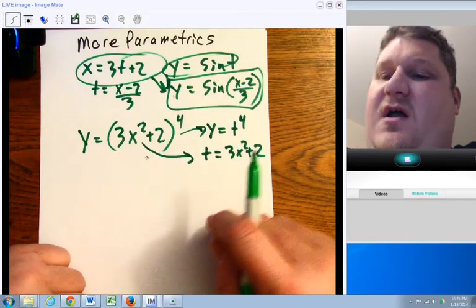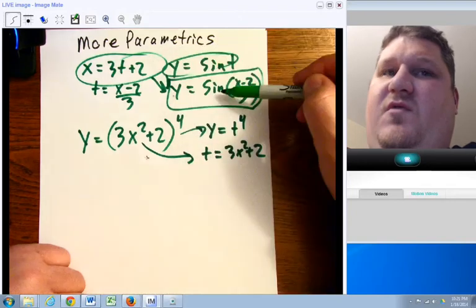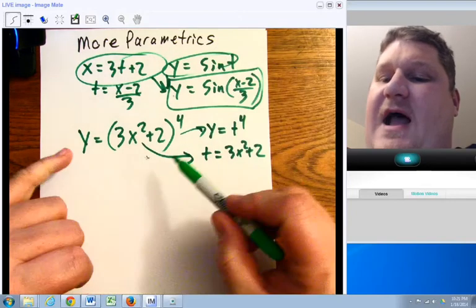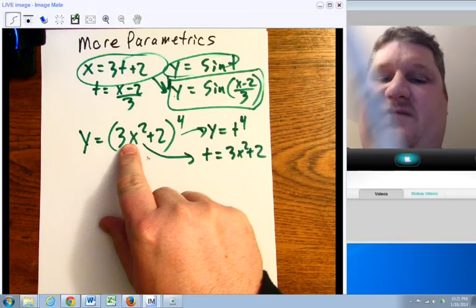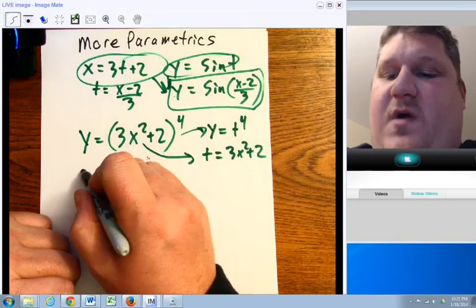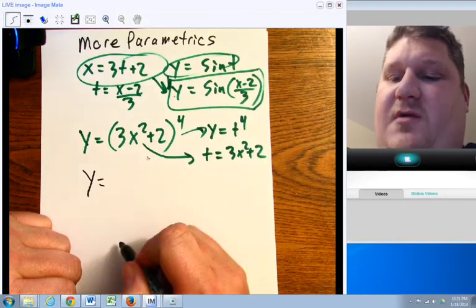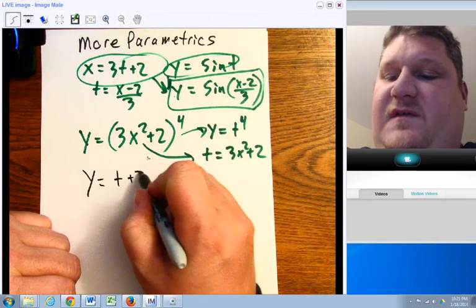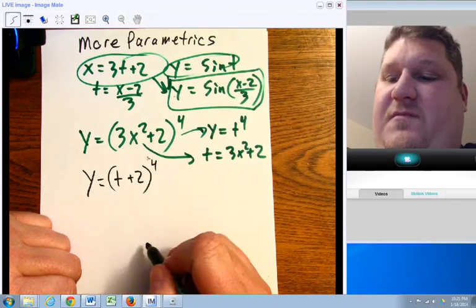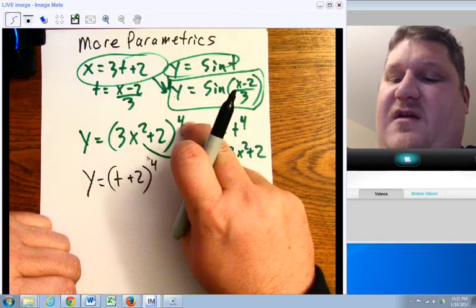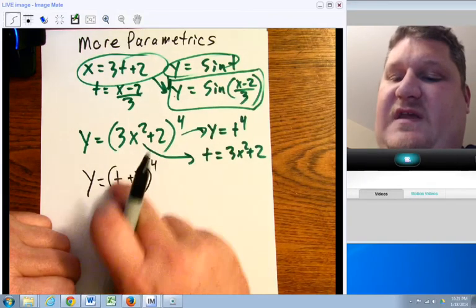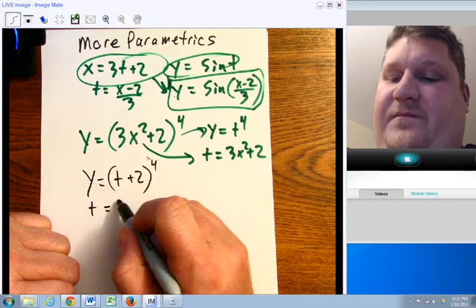Now, unlike these two where there is one equation where they go together, I could actually break this same equation up differently. I could say, well, maybe y equals t plus 2 to the fourth power. So I have the plus 2 and the fourth power, that's taken care of. So obviously, what does t equal? T equals 3x squared.